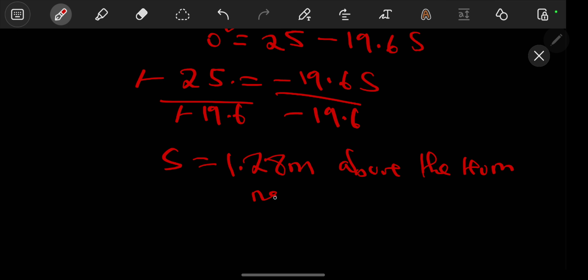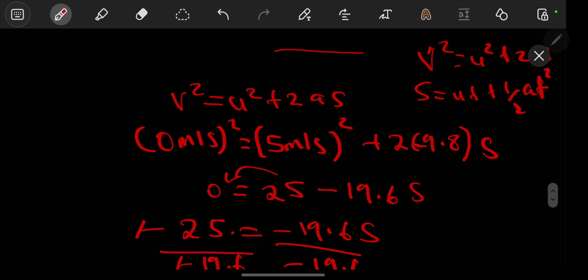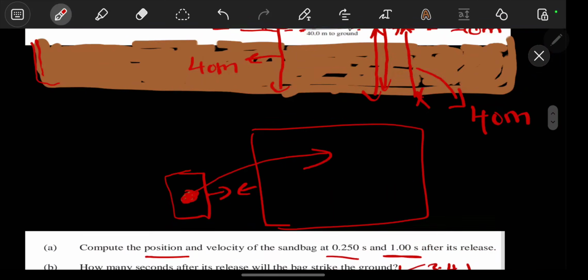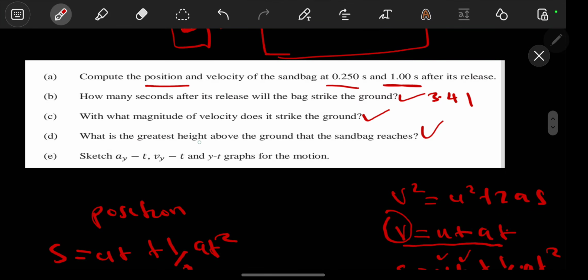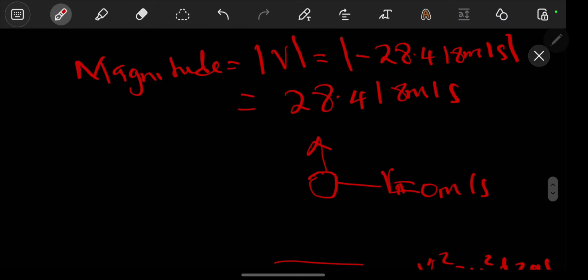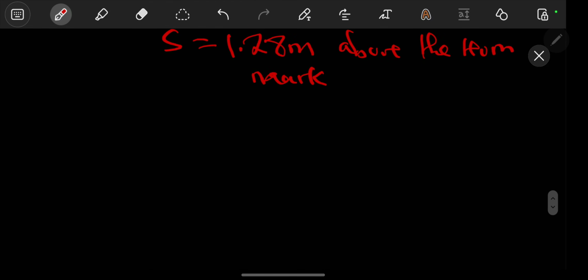40-meter mark. So now the question was, from what height above the ground? According to the question, what is the greatest height above the ground that the sandbag reaches? To find the greatest height above the ground, we are just going to add what we have found.